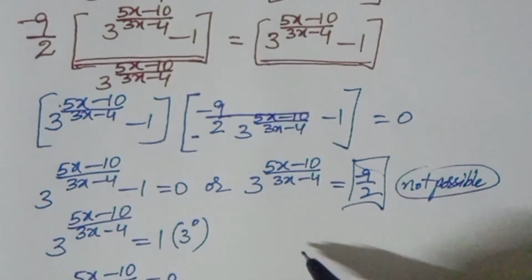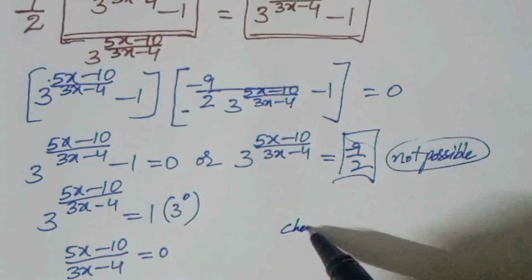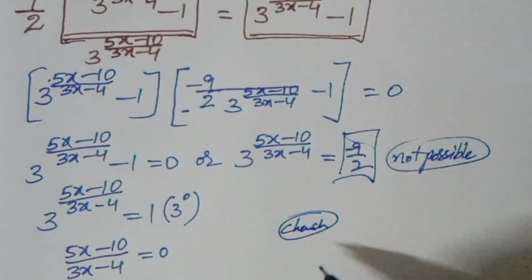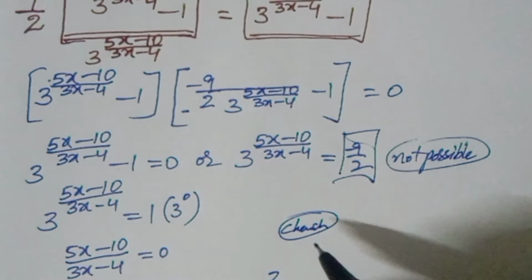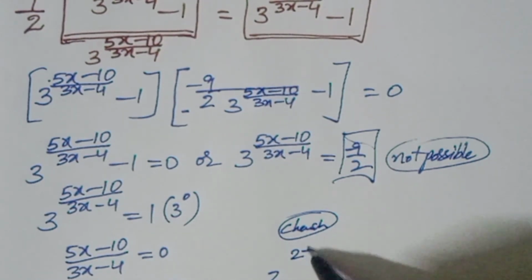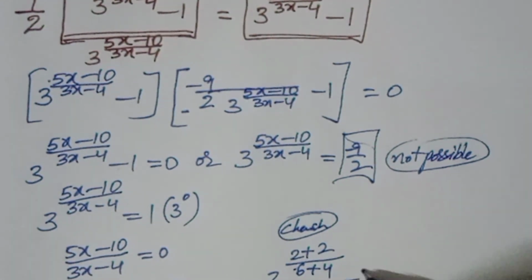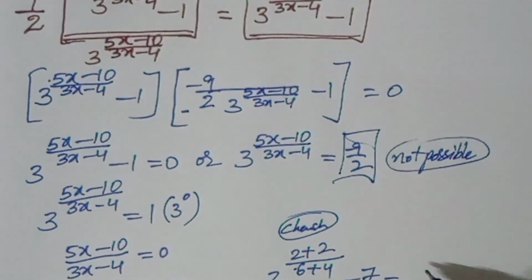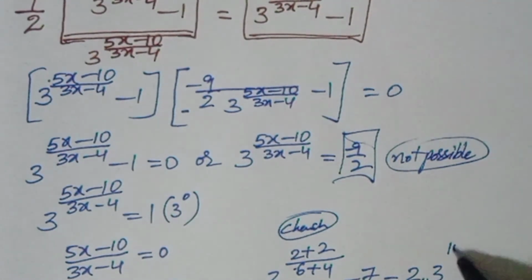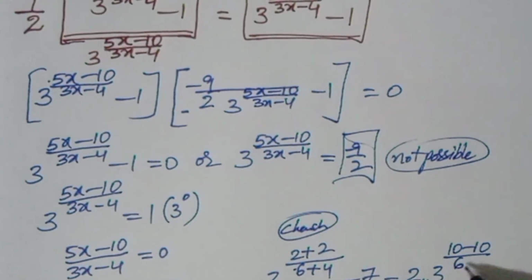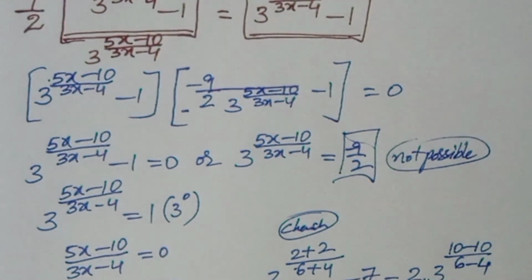Here we will check whether what we are getting is right or wrong. So 3 to the power of (2 plus 2) by (6 minus 4), minus 7, equal to 2 into 3 to the power of (10 minus 10) by (6 minus 4).